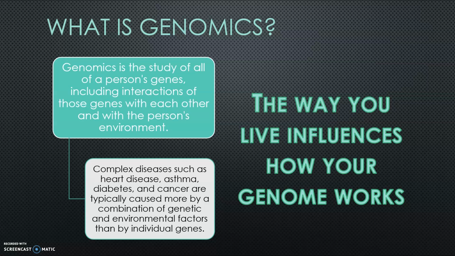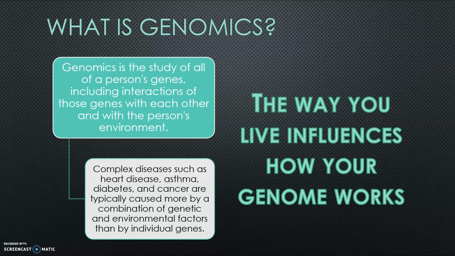One thing that helped me understand genomics is that the way you live influences how your genome works. While your genome is organized in a certain way, it's still more of a guideline. So genomics ultimately is not only the study of your genes, but how those genes interact with each other and how they're affected by the person's environment.